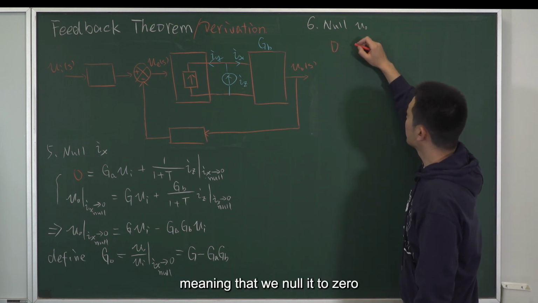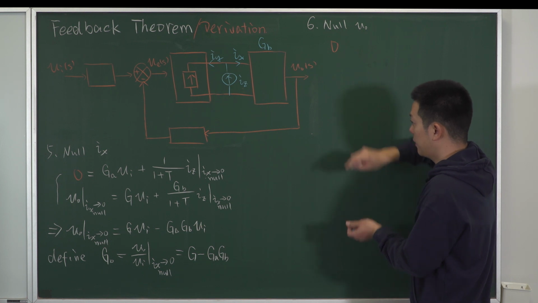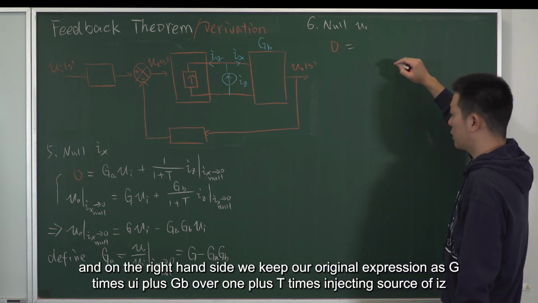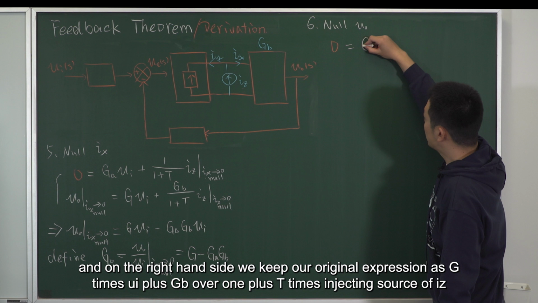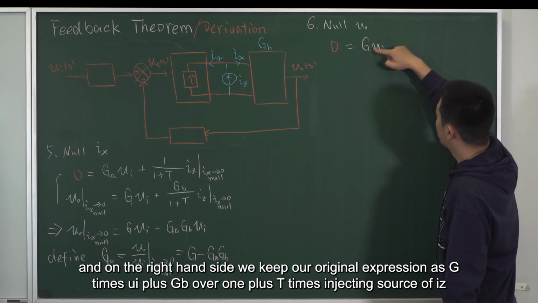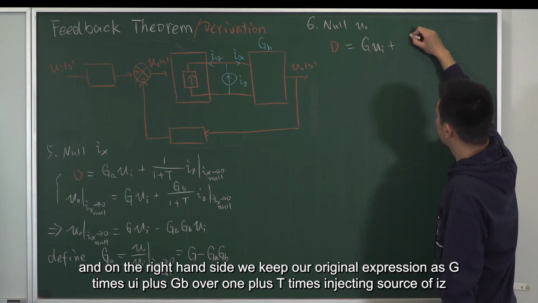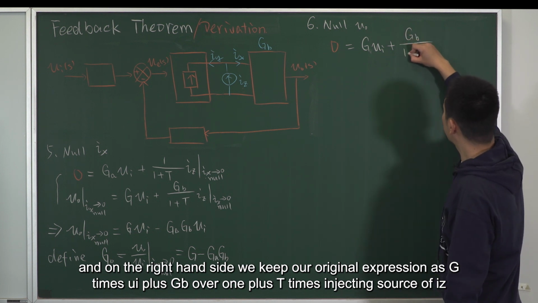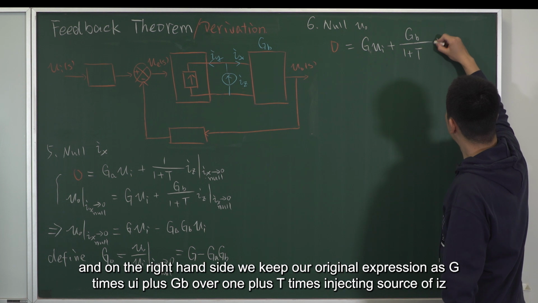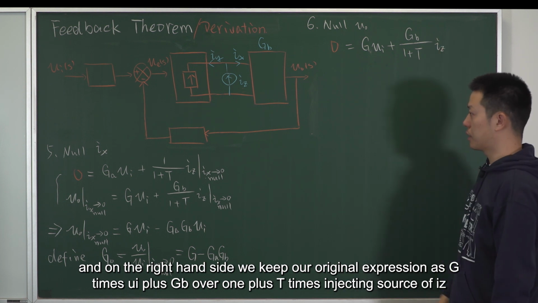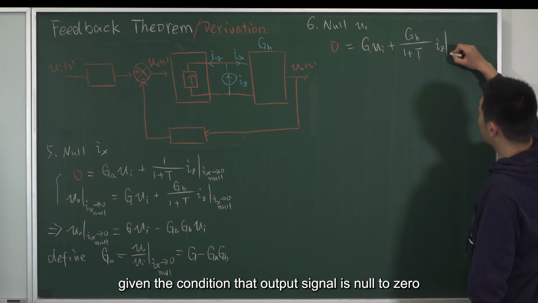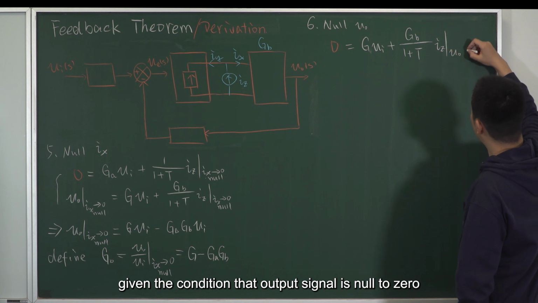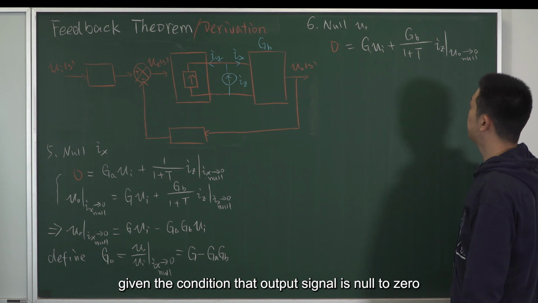On the right-hand side, we keep our original expression as G times Ui plus GB over 1 plus T times the injection source Iz, given the condition that the output signal is now 0.